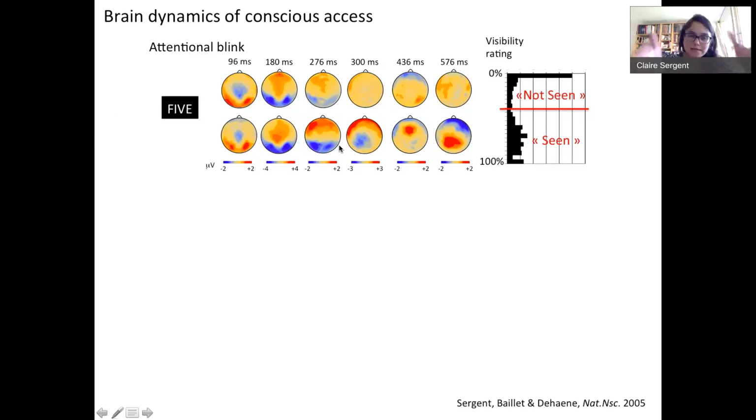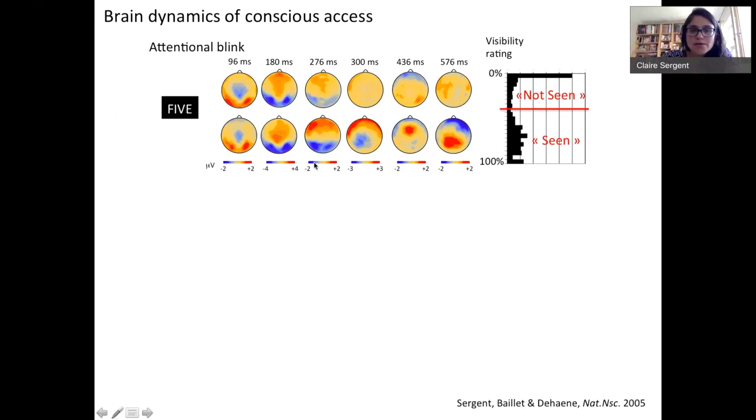And what we observed in this experiment with this particular attentional blink protocol is that the initial sensory processing of the visual stimulus was exactly the same, whether at the end people said, "I haven't seen anything," or "Yeah, I've seen it quite well."